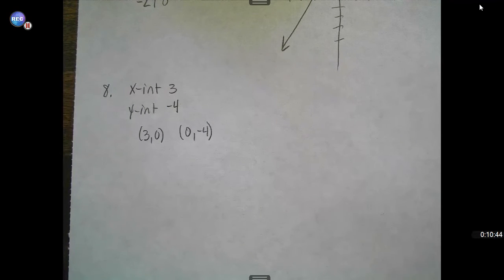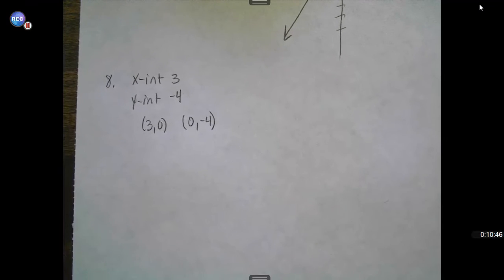But anyway, I need the slope and a point. I can find the slope because I have 2 points. And then they also gave me a special point, the y-intercept. So I can go right to slope-intercept form, but it wants my answer in standard form. So I'll have to change that around.